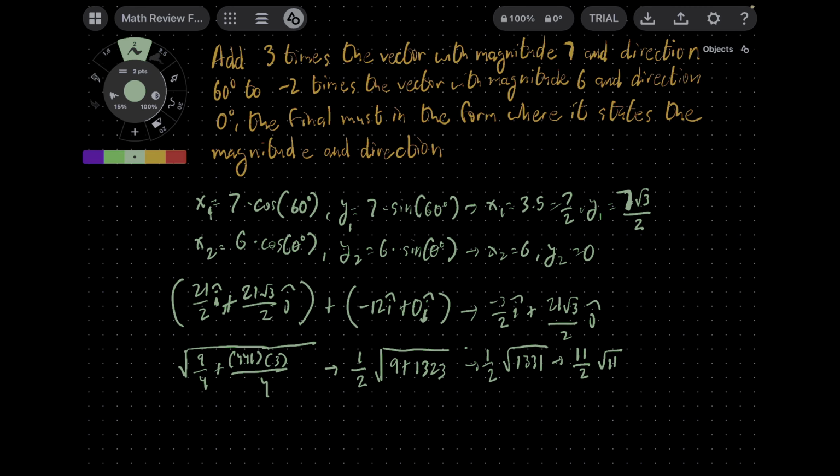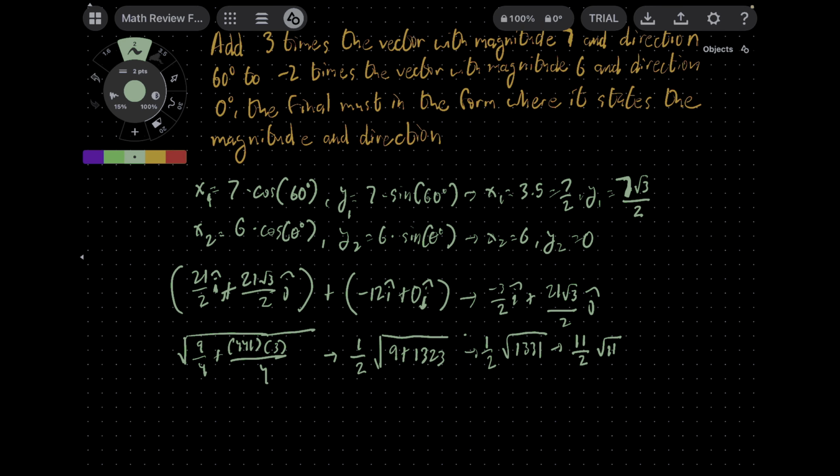The next thing we need to do though is evaluate the angle of this vector. So we have tan inverse of y over x. So 21 times the square root of 3 divided by 2 multiplied by the reciprocal of that, so negative 2 by 3.